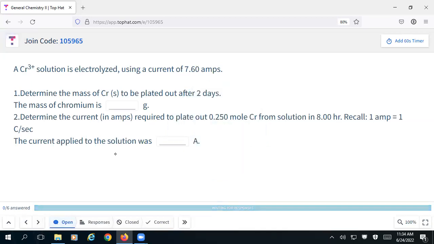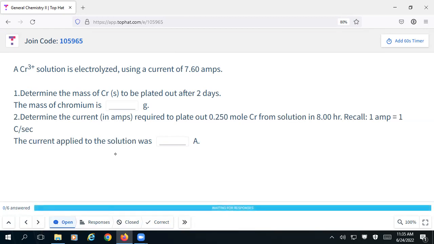All right, so I want you to try one before we put this one away. We've got a chromium-3 solution being electrolyzed using a 7.6 amp current. We want to determine the mass of chromium to be plated out after 2 days. So that's the first problem.